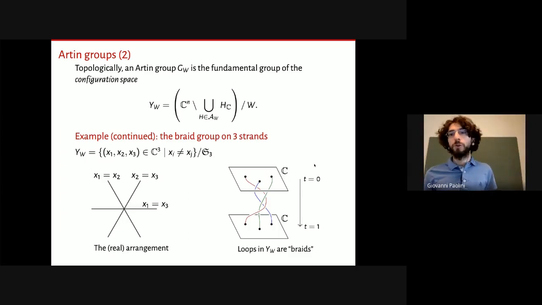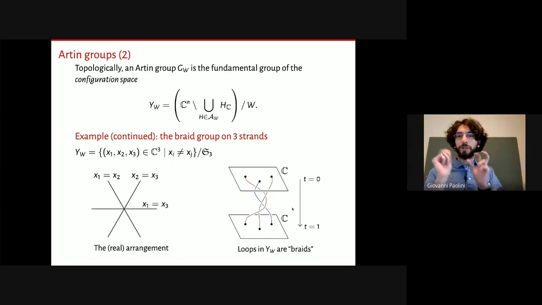We should look now at the fundamental group of this topological space. And loops in this space, in this configuration space, can be visualized as in the picture here. So basically, we should take any starting configuration of 3 points and evolve it with the time that goes from 0 to 1.